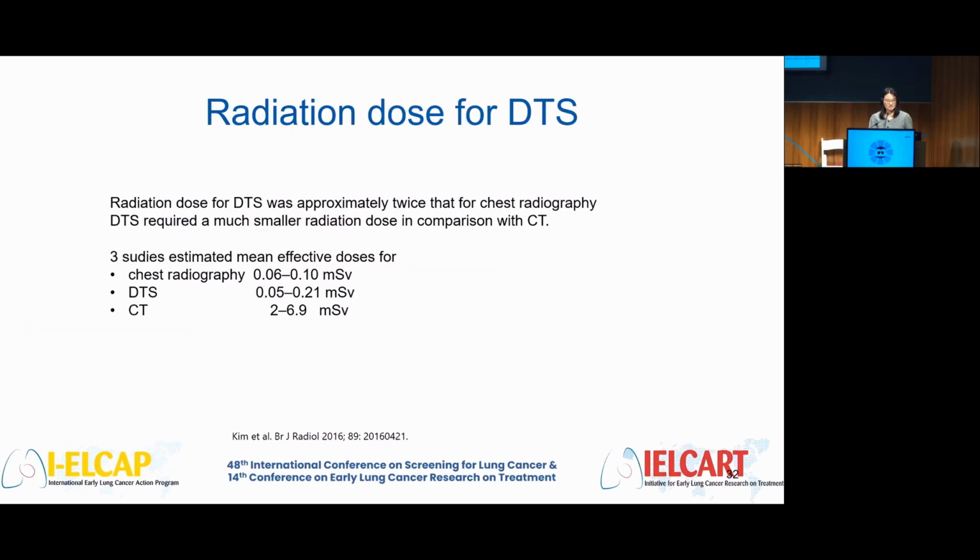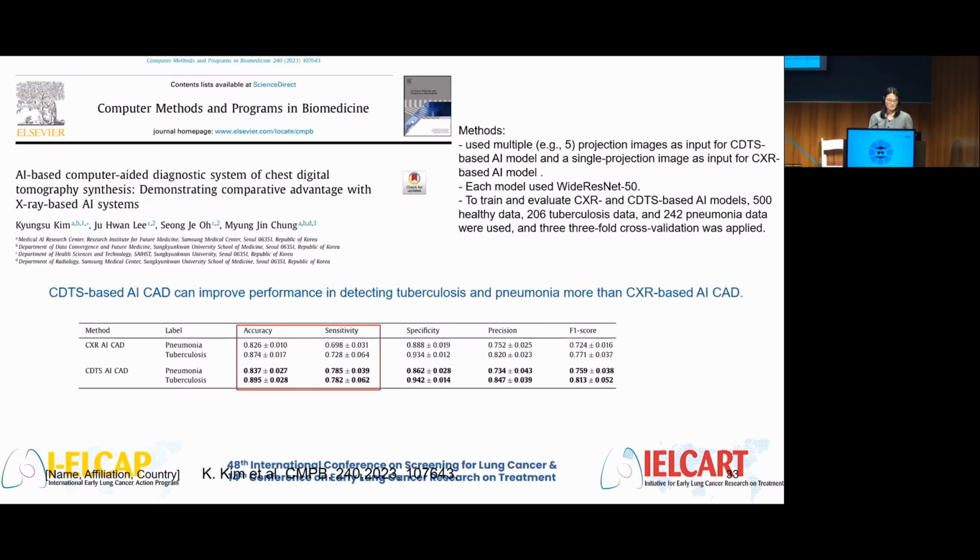And for the radiation dose, the dose of DT is approximately twice higher than chest radiography, but much smaller than CT.